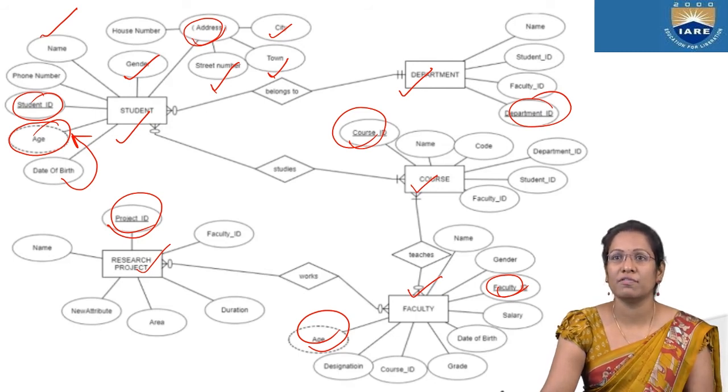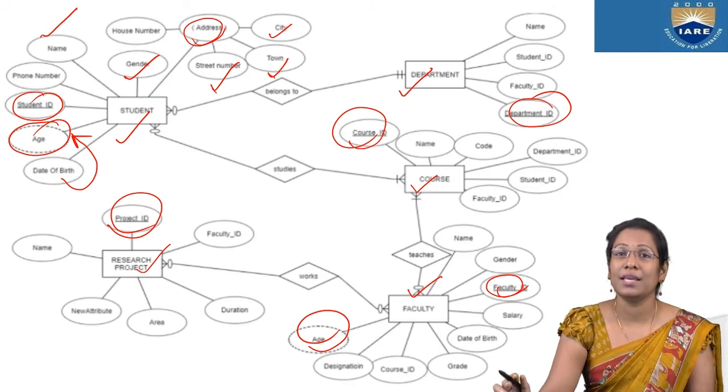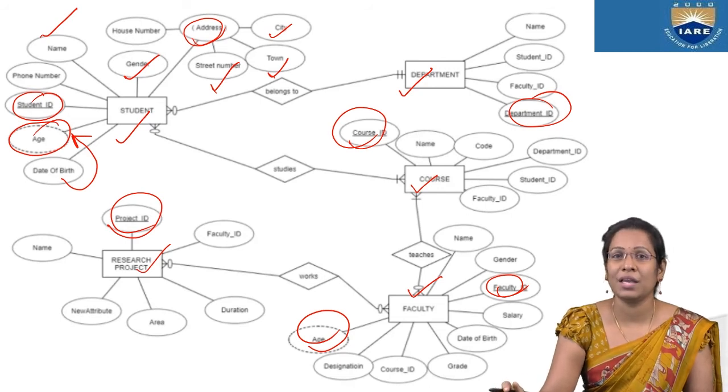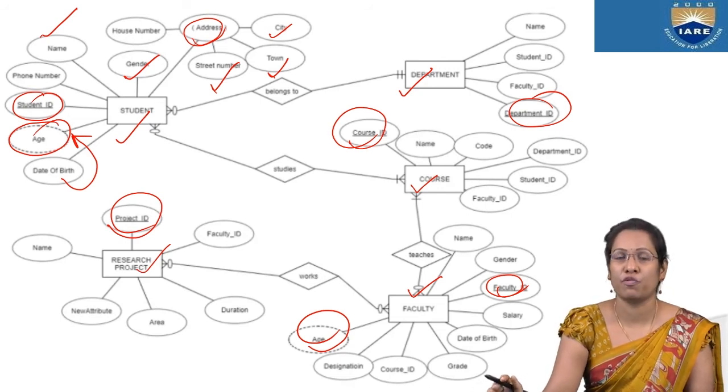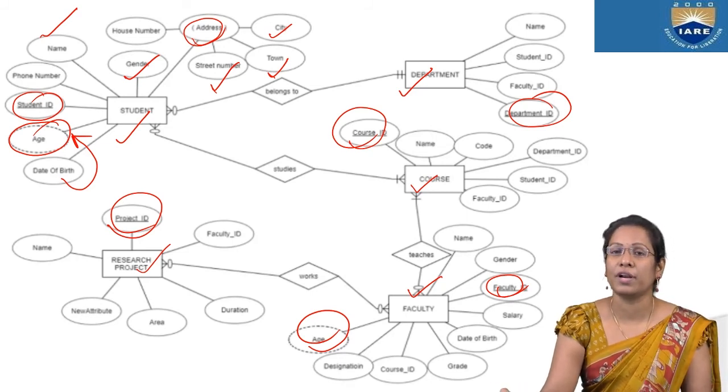In order to relate 2 tables, the key attribute forms a primary key in the first table, and the same key attribute in the second table forms a foreign key. With the help of the primary and foreign key, we can relate 2 different tables. We'll see in the coming session how to convert the ER model to the relational model. That's why the key attribute plays a major role in relating 2 different tables.